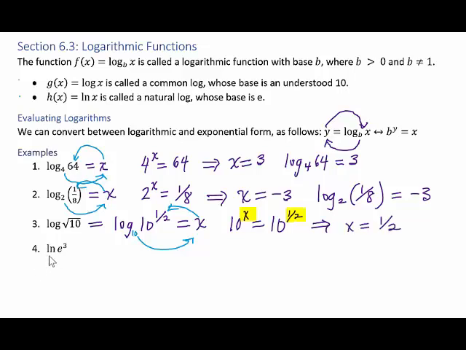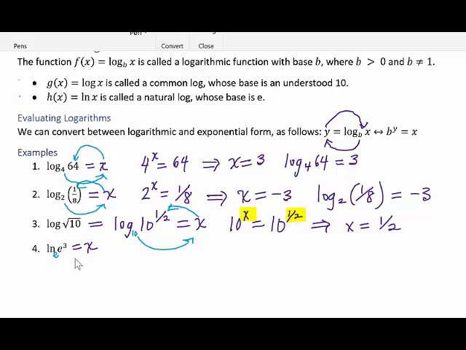And then number 4, we want to find the natural log of e to the third. Remember, the natural log is our other special logarithm that has a base of e, so if you want to write an e there as a reminder, go ahead and do that. We're going to set this equal to some unknown, x.